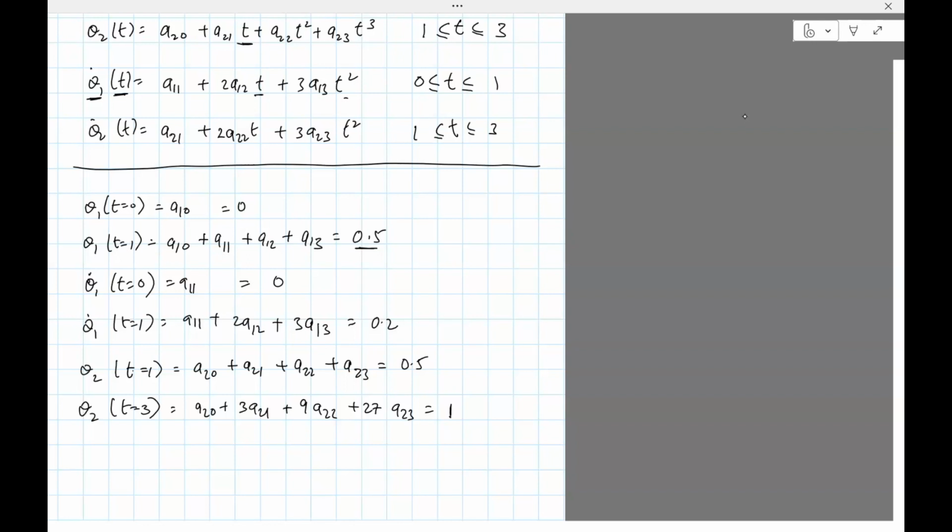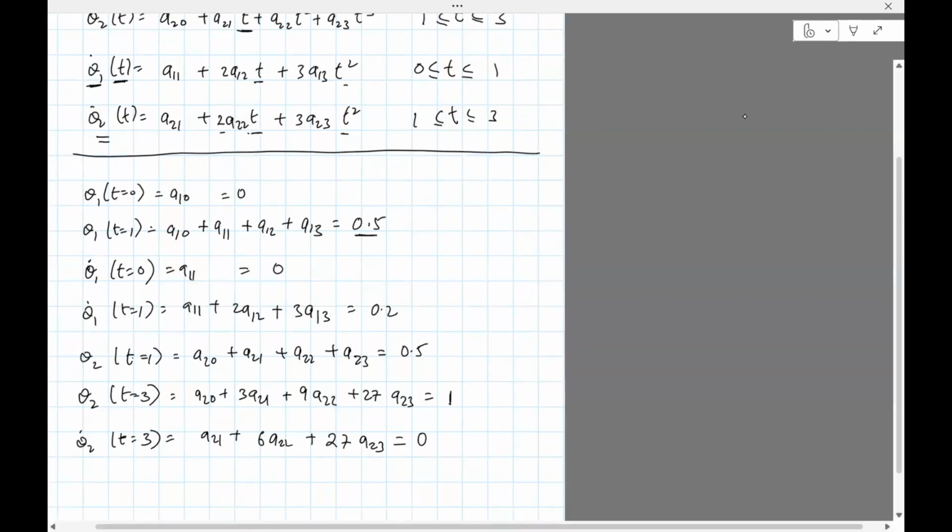Okay, now I have 2 more conditions on the velocity. One is that the velocity at the end is 0. So that would be theta 2 dot at t equals 3. We'll just take this expression and put t equals 3. So we have a21 plus 6 times a22, because t is 3 so 3 times 2 is 6, plus 3 squared, 9, times 3, 27 times a23 equals 0, velocity 0.